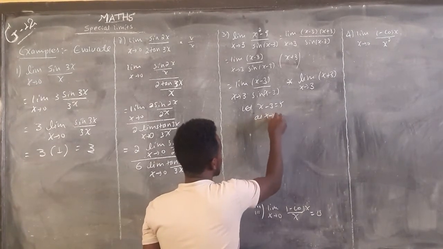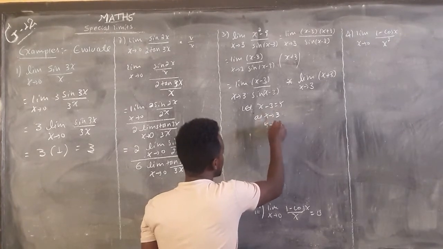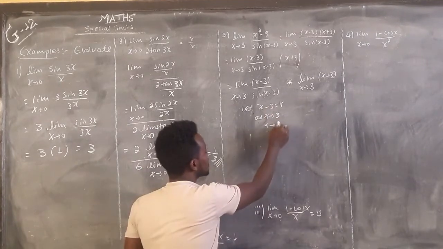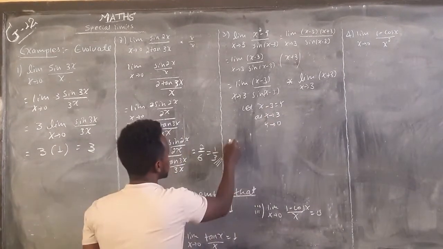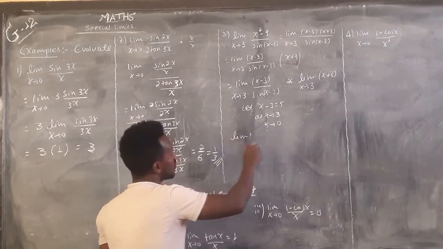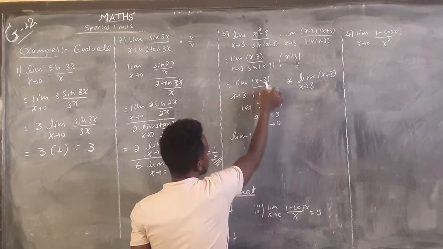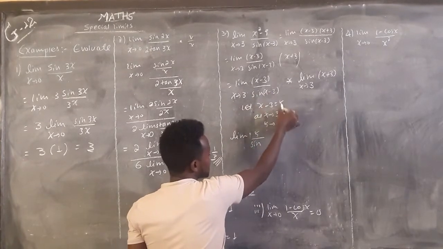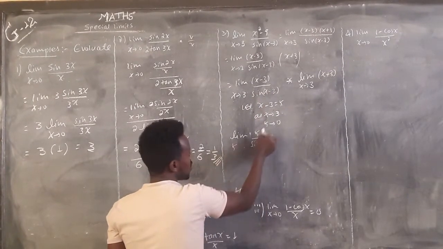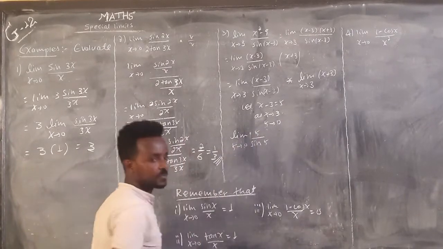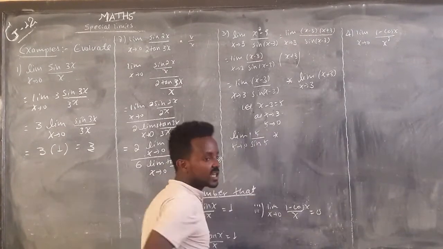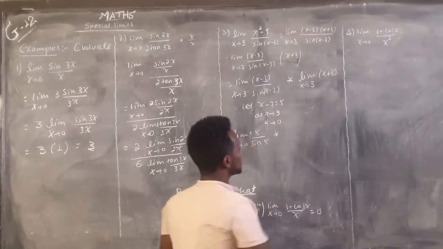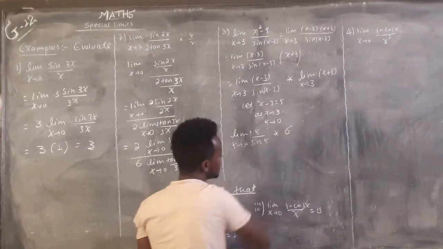As x approaches 3, y approaches 3 minus 3, so y approaches 0. Then limit of y over sine y as y approaches 0. But for the other factor we can use direct substitution. Limit of x plus 3 as x approaches 3 is 3 plus 3, which is 6.